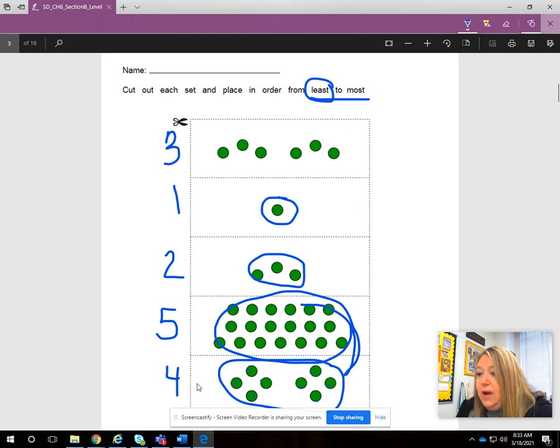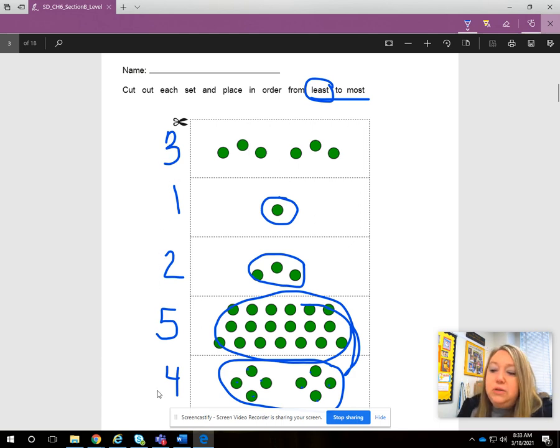Okay. So now we've put them in order. Order from least to most. Okay. And so there you go. I know this is tricky because you guys are going to be confused because this is 6 dots and I put a number 3 next to it.